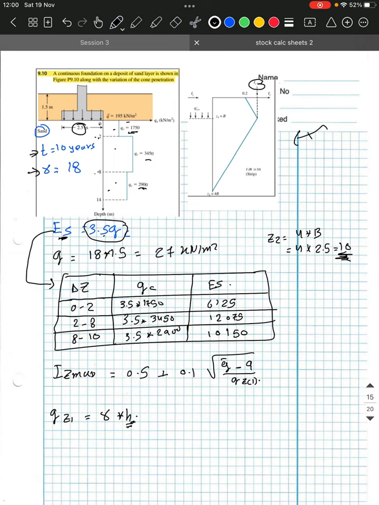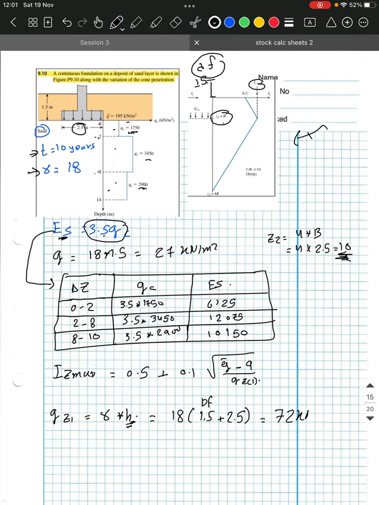It is given as Z1 equals B, but I also have to consider the 1.5 above, the depth of the foundation. So it's going to be 18, which is my gamma, multiplied by 1.5, which is Df, plus B, since Z equals B, which is 2.5.